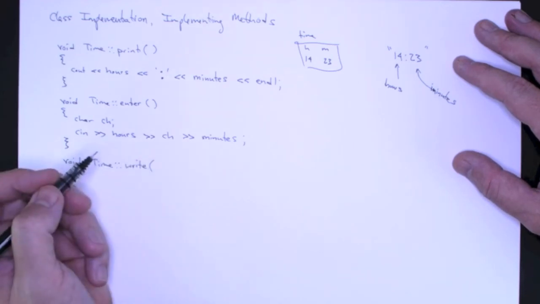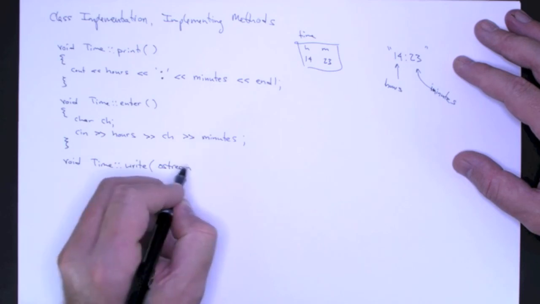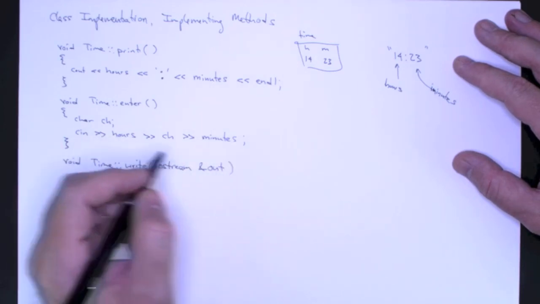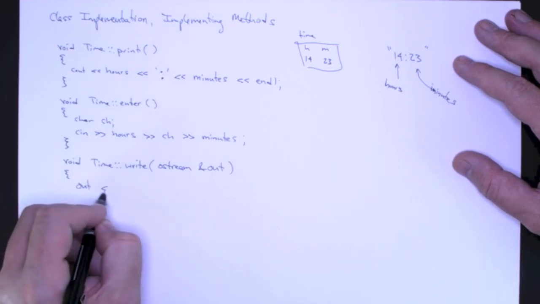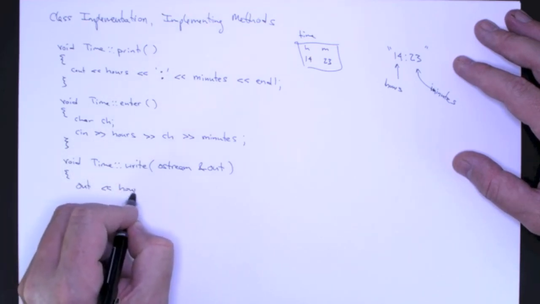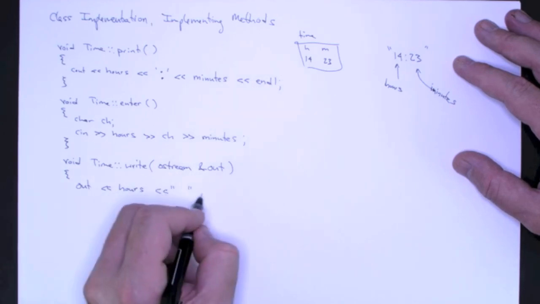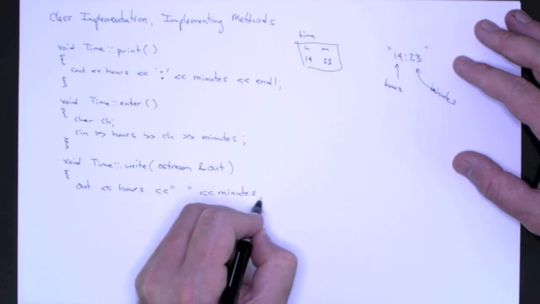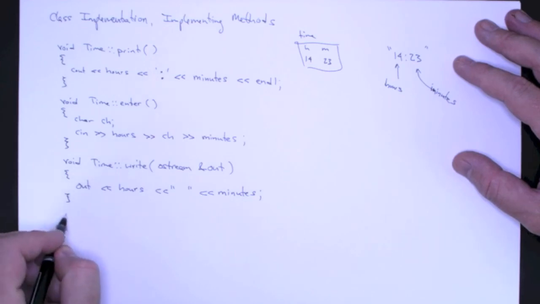And the way that I've set this up, I have an output stream that's being passed in, and I'm simply going to write to that output stream the hours, separated by a space in this case, followed by minutes. That is my write method.